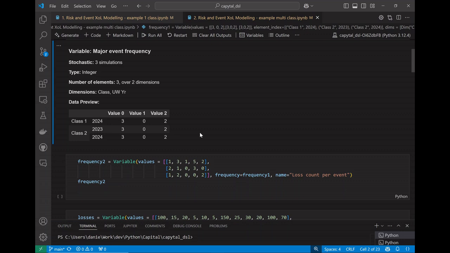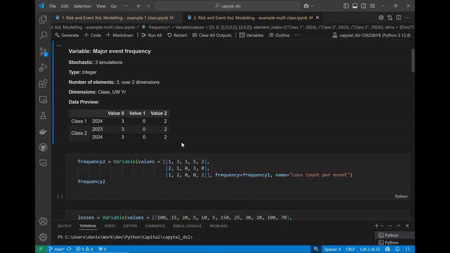But importantly, it's the same major event frequency structure that underpins all 3. These events represent real-world events that trigger losses on multiple policies, on multiple assets that could be covered by different classes of business, or covered by different years of account.